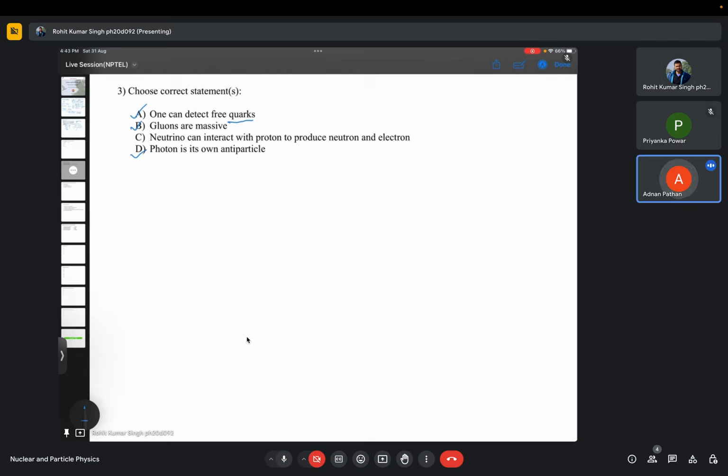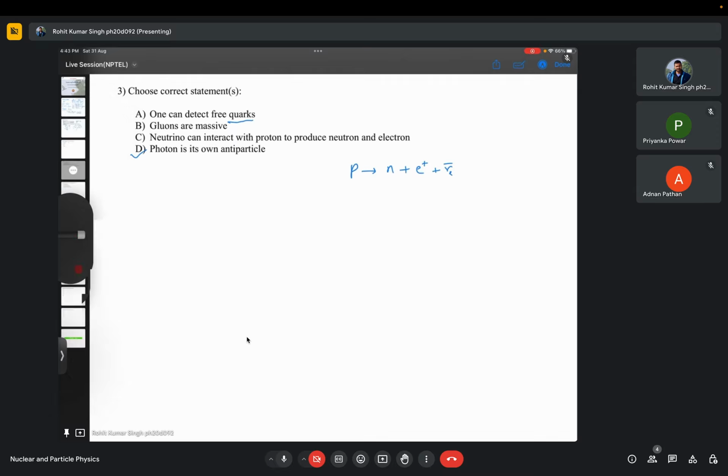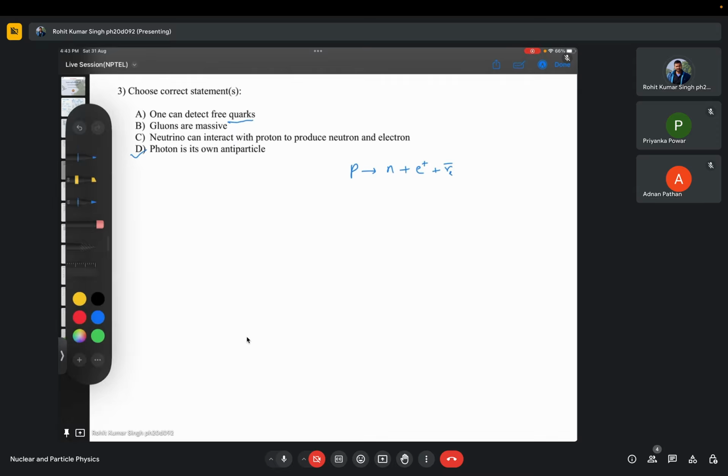For option C, the proton can decay into a neutron plus a positron plus a neutrino. But that is on the right-hand side of the reaction, so it's not that the neutrino can interact with the proton, right? So this reaction, right? Sorry, sir, positron, not electron here.